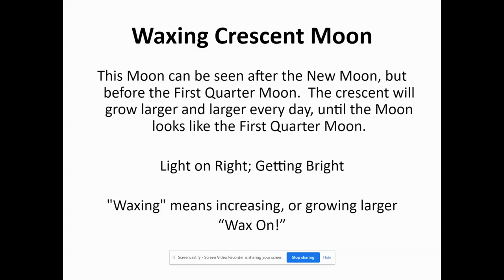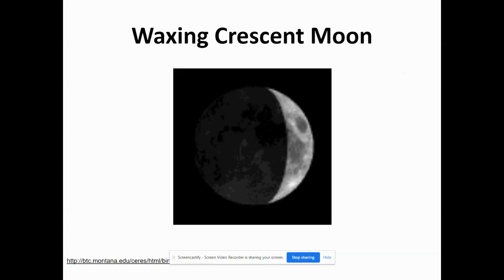If you've ever seen Karate Kid, the phrase is like wax on. So if you have a waxing moon, it's increasing or growing larger. A waxing crescent would be when we have a little sliver of light, and we're getting brighter on that right-hand side until we get to first quarter.